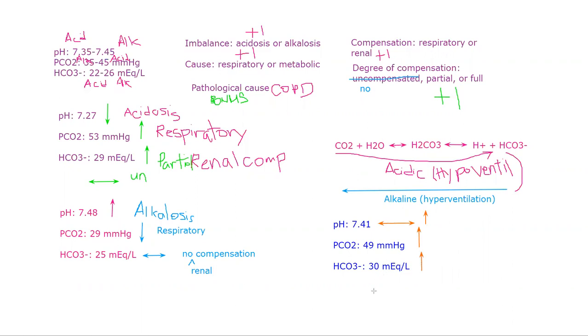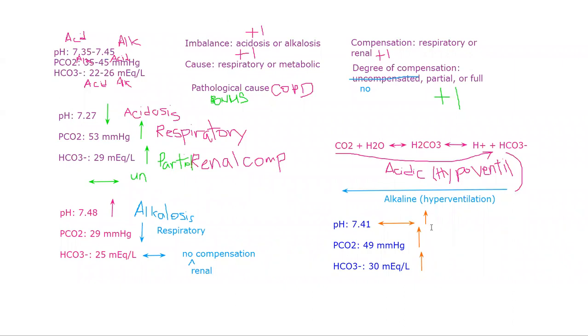Okay, so we haven't had a problem like this where the pH and the PCO2 went in the same direction. If they go in the same direction, this is not the cause. But first of all, we need to go back because I forgot. We have not said what is the cause.